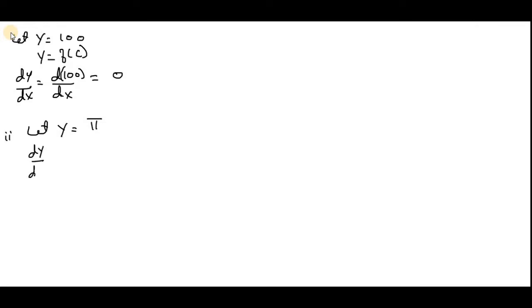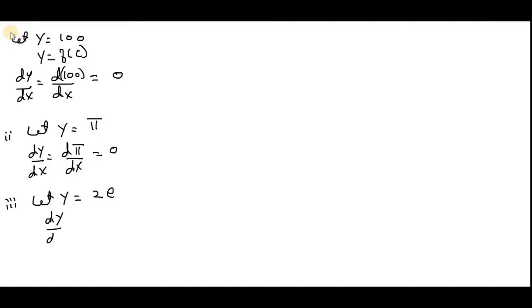Now pi is a universal constant again, so dy by dx is equal to d pi by dx, and this answer will be 0. One more example, let y is equal to 2e.